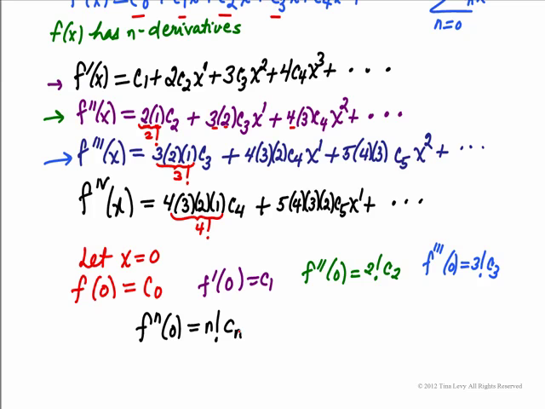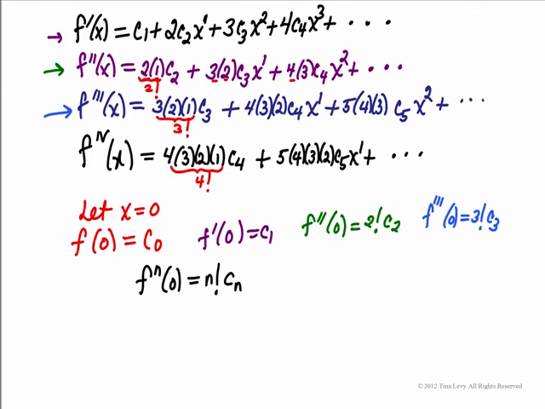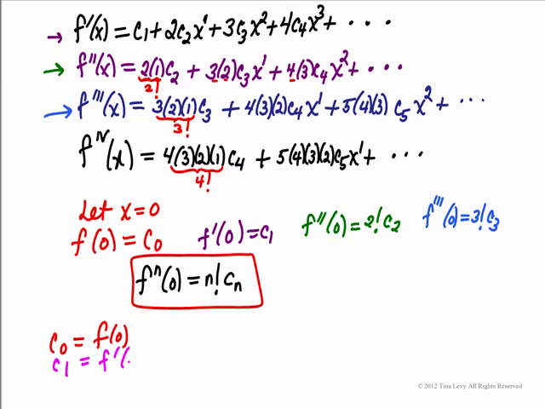We are going to now use this expression to solve for all the coefficients. So c sub 0 is f of 0. We can see that c sub 1 is the first derivative at 0. Looking at this over here, we can see that if we want c sub 2, we're going to have to divide by 2 factorial.